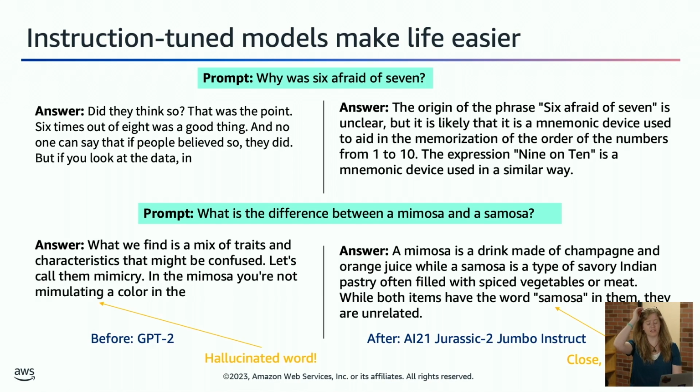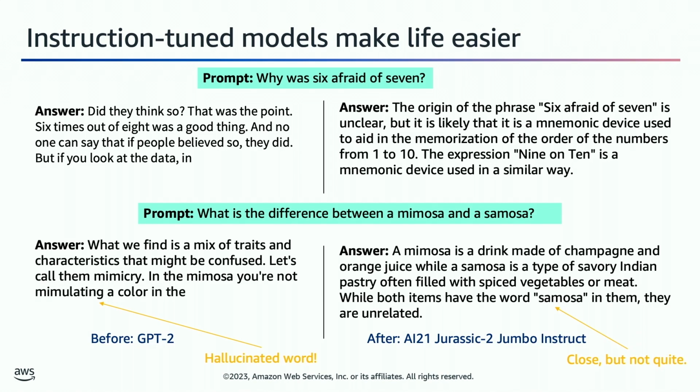First off, it's helpful to know that an instruction-tuned model is going to make your life a lot easier. You don't want just a generic LLM, a generic large language model. You don't want to just work with generic GPT-2 or generic GPT-3. That is because they haven't been what's called instruction tuned.